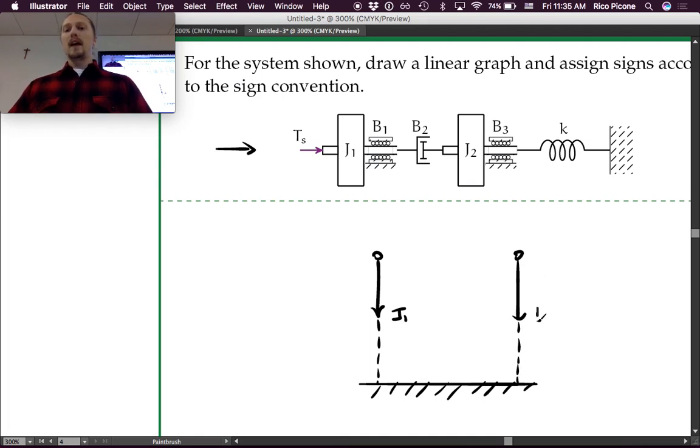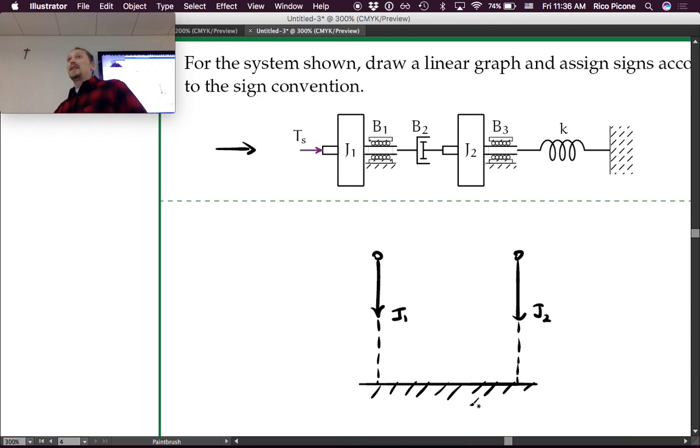I chose to dash the lines, not required, but it's just to remind us that these are virtual connections to ground and not actual physical contact connections. So that is our start.